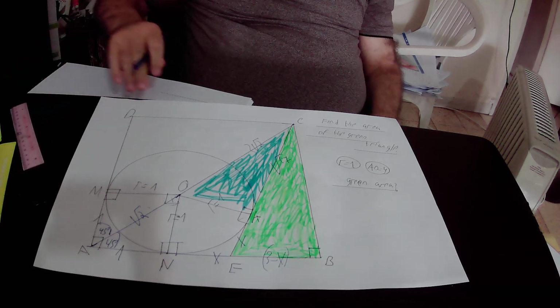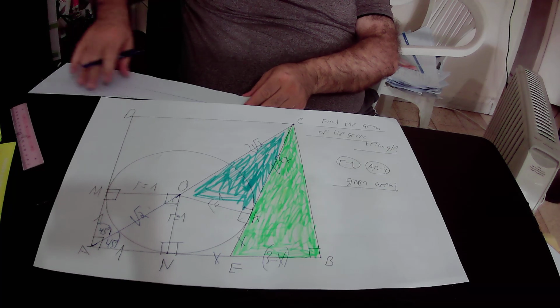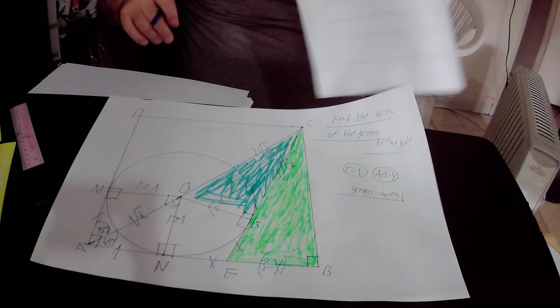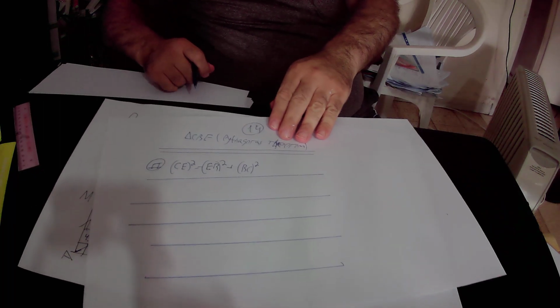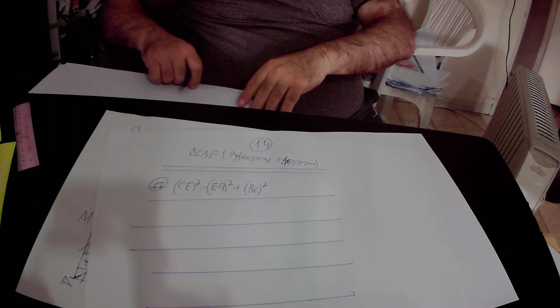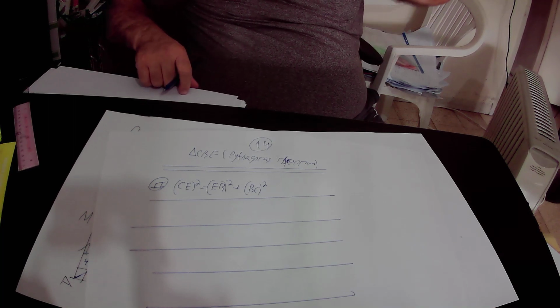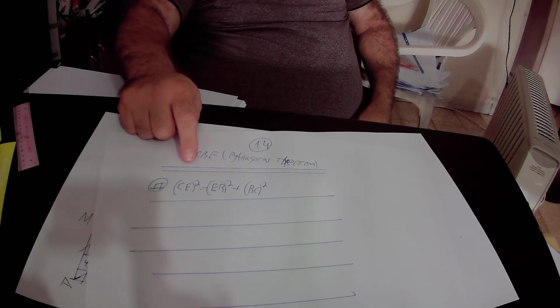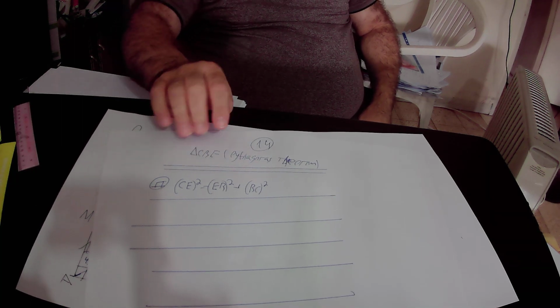So I will repeat again. In the right green triangle, triangle CBE, according to the Pythagoras theorem, the square of the hypotenuse equals the sum of the squares of the perpendiculars. That is to say CE square equals EB square plus BC square.